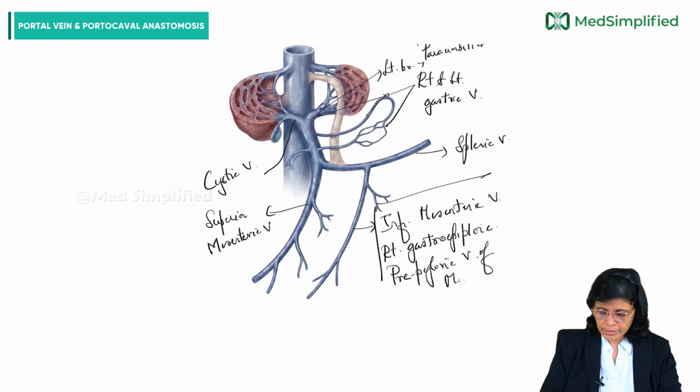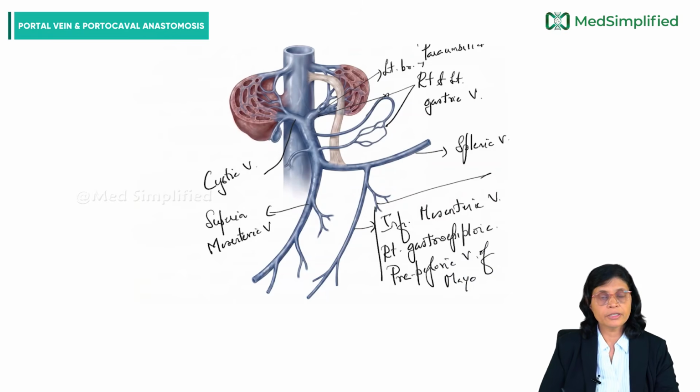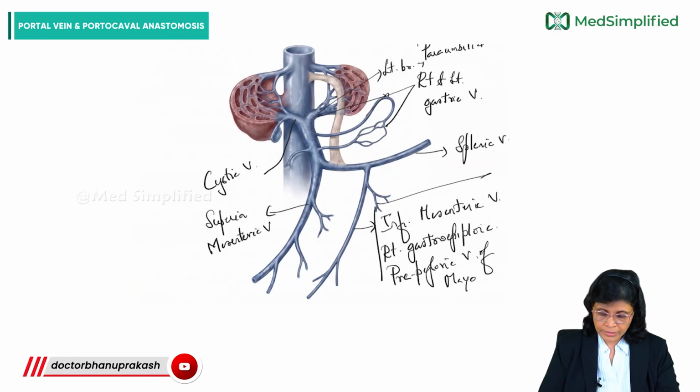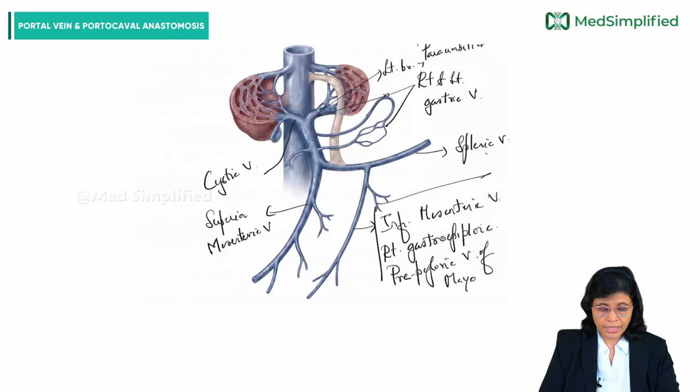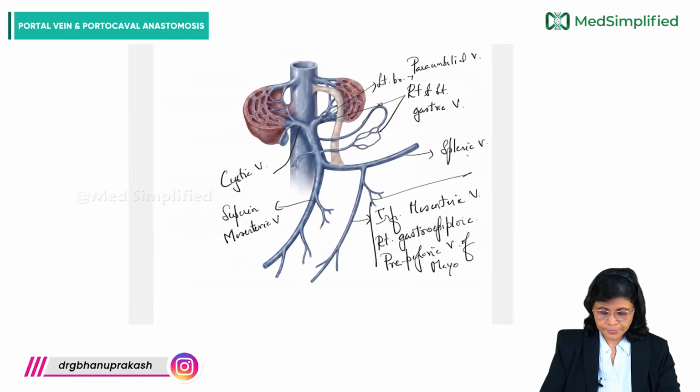These veins may occasionally open into the portal vein, but otherwise we have the formative veins, superior mesenteric and splenic vein, right and left gastric veins opening into the trunk, the cystic vein opening into the right branch, and para-umbilical veins into the left branch. So these are the tributaries.